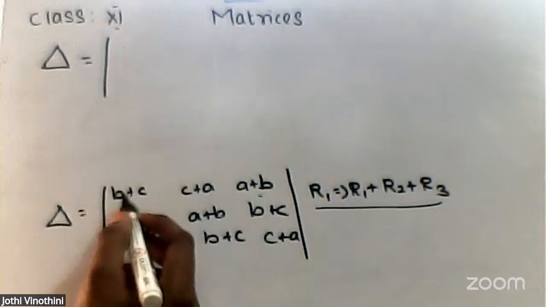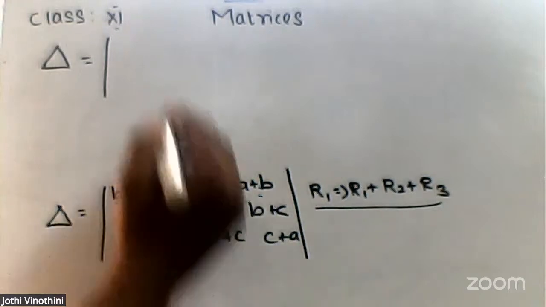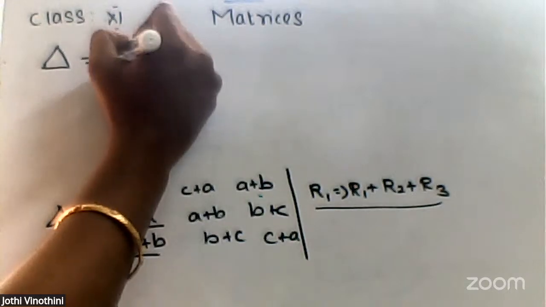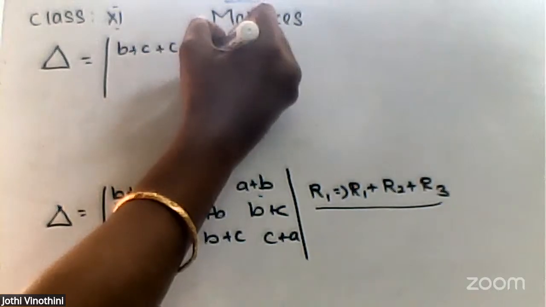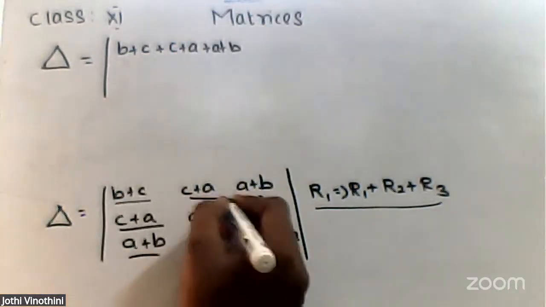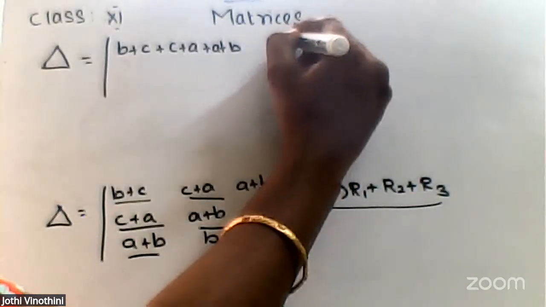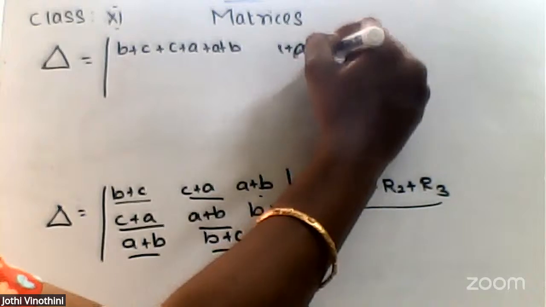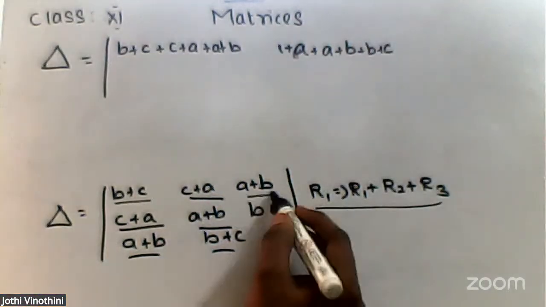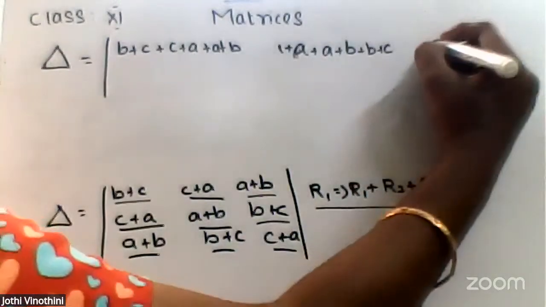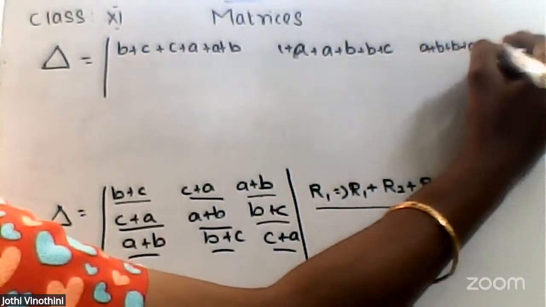R1 will be R1 plus R2 plus R3, so the first row is b plus c plus c plus a plus a plus b, and in the other columns c plus a plus a plus b plus b plus c, and a plus b plus b plus c plus c plus a.